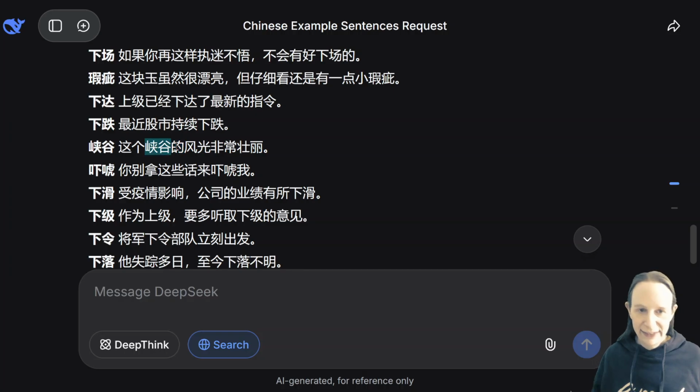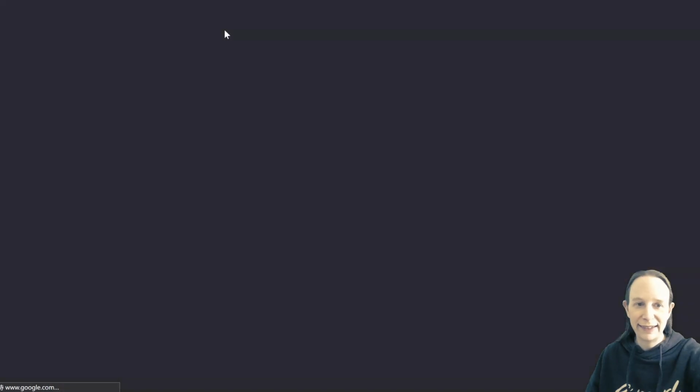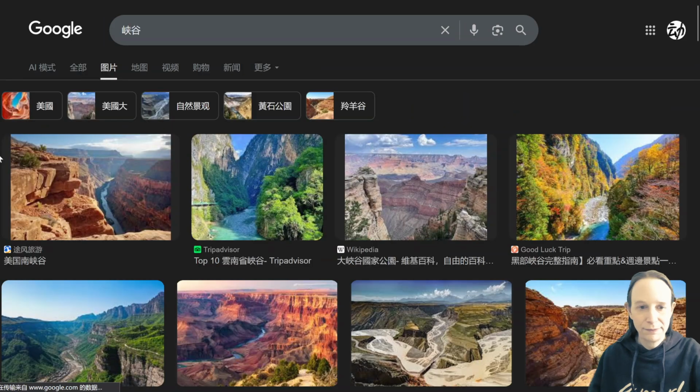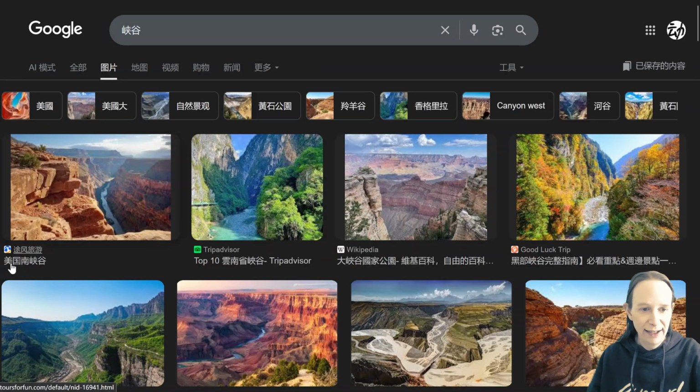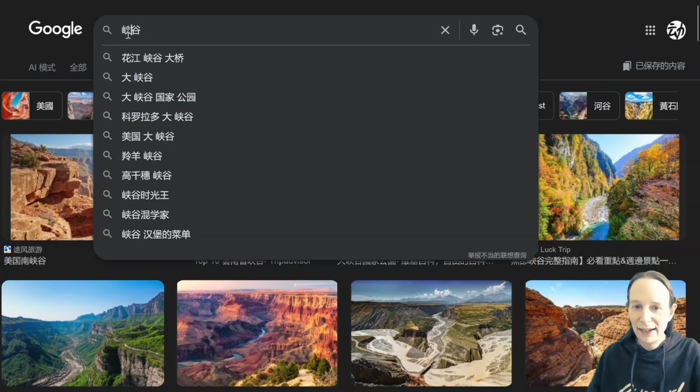Okay, so 这个峡谷的风光非常壮丽. All right, that's a fairly generic sentence. 峡谷, yeah. 美国南峡谷. Southern Valley, is this some famous one? What's the Grand Canyon? It's 大峡谷, right?